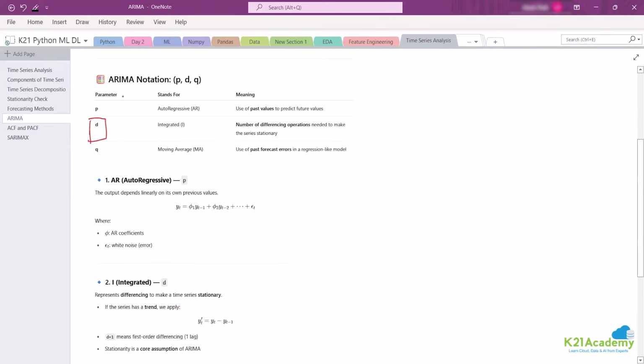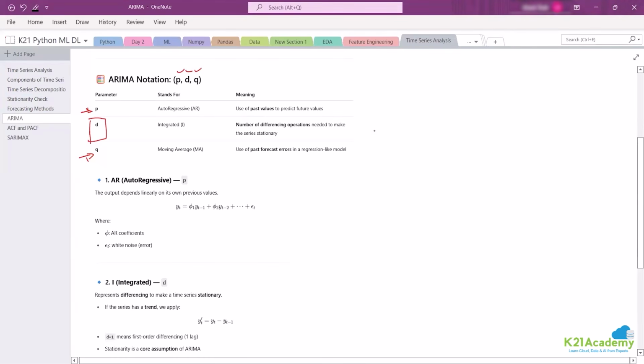Now there are two more terms, the p and the q term. We require p, d, and q to put the values while using ARIMA. The p is used for the autoregression part, so it uses the past values in order to predict the future values.